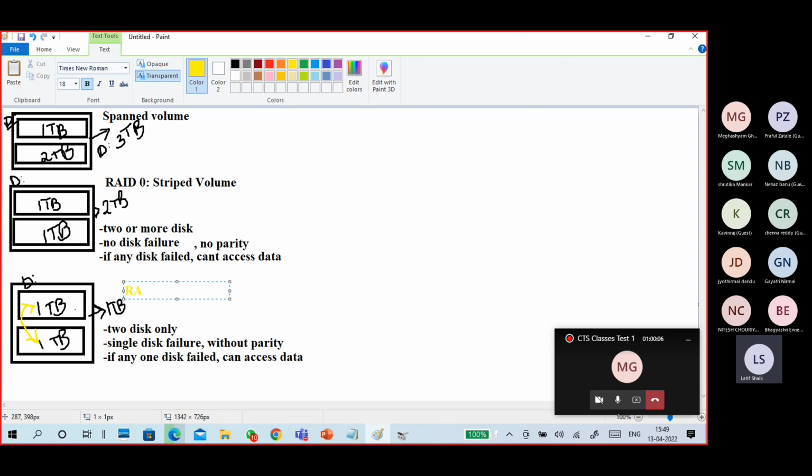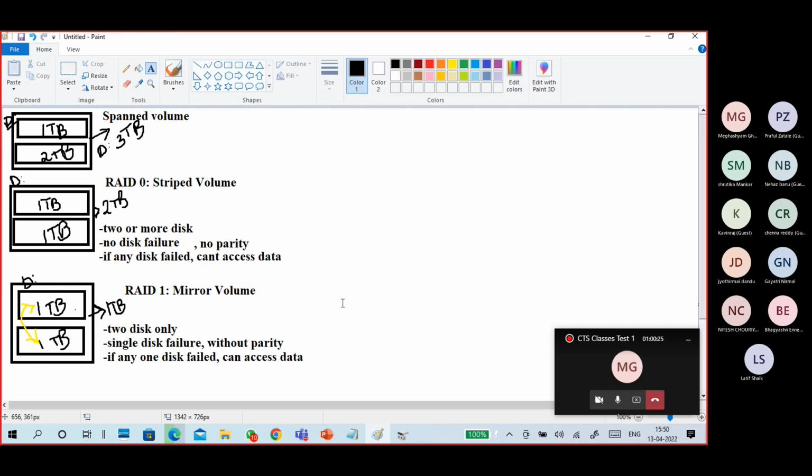This is called RAID 1. This is RAID 1, also called mirror volume. Mirror volume.